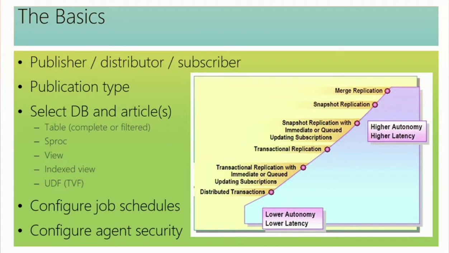Notice that moves us towards very low latency, but if we happen to lose a connection between the two machines that are replicating, then we have no autonomy, so we're going to have a problem. So very little time between them to make them the same again, but there's a high dependency between each other.